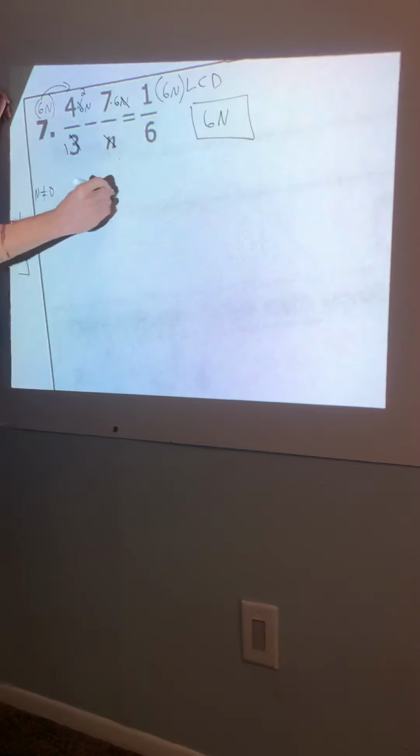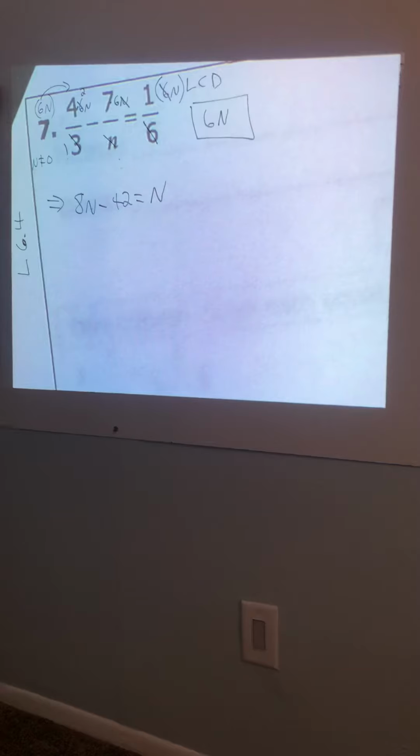And then over here, the 6 drops out, and you're left with 1 times n, which is n. I'm going to put an arrow here. Basically, if you found the right lowest common multiple, lowest common denominator, you'll get an equation like you did in Algebra 1.